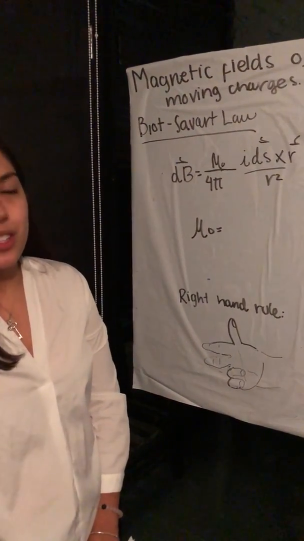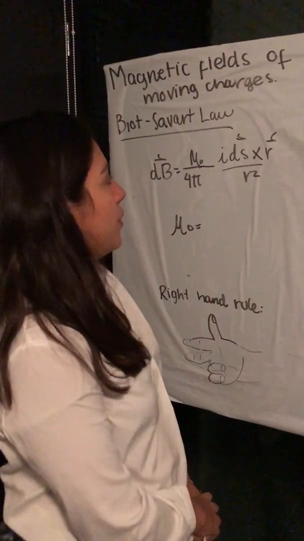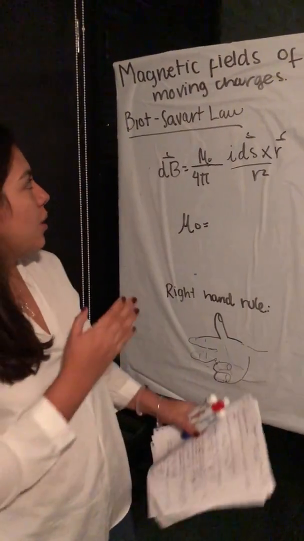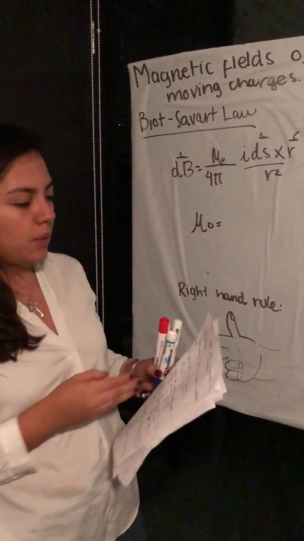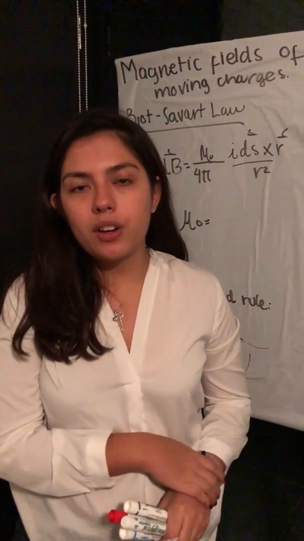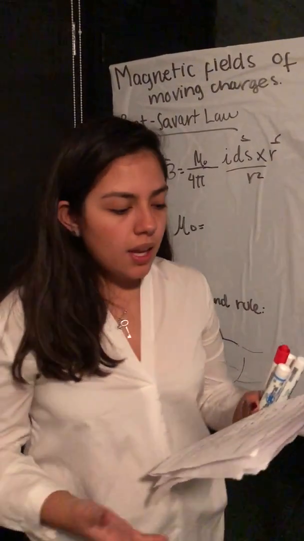In today's video, we're gonna talk about magnetic fields of moving charges. Biot and Savart realized that when a current flows through a wire, it creates a magnetic field.